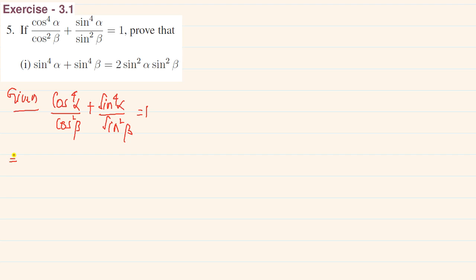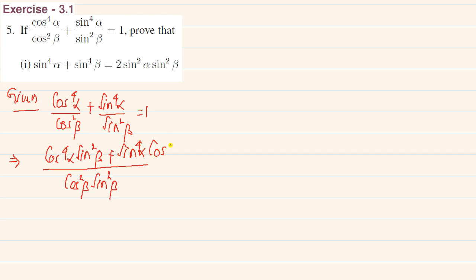Okay, இப்போ என்ன பண்ணலாம், we'll take the LCM. So LCM எடுத்தா it will become cos square beta sin square beta. அப்போ numerator will become cos to the power of 4 alpha sin square beta plus sin to the power of 4 alpha cos square beta is equal to 1.